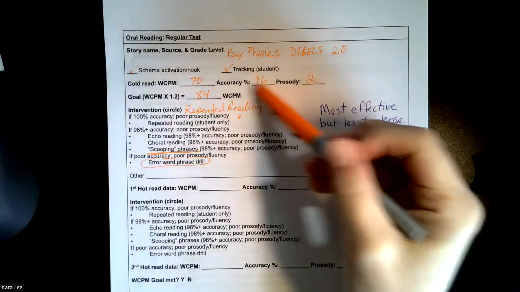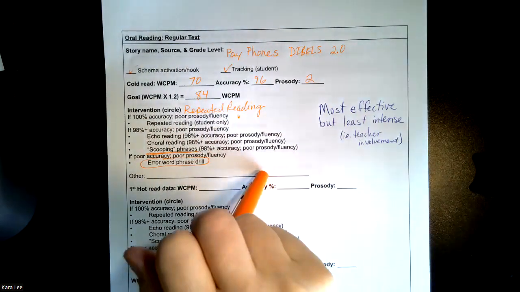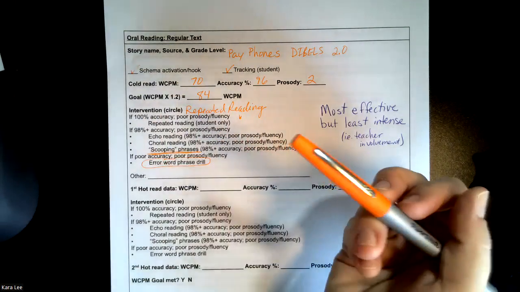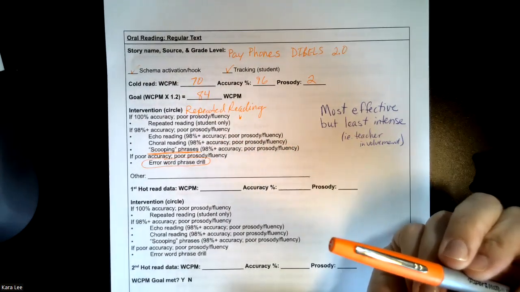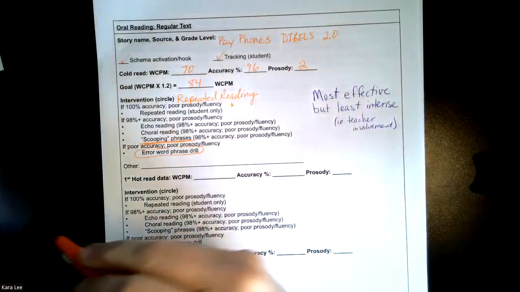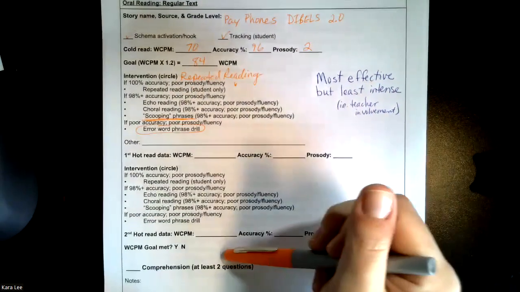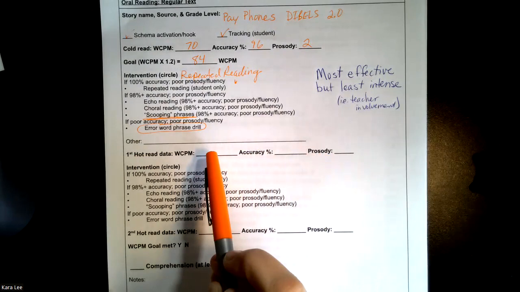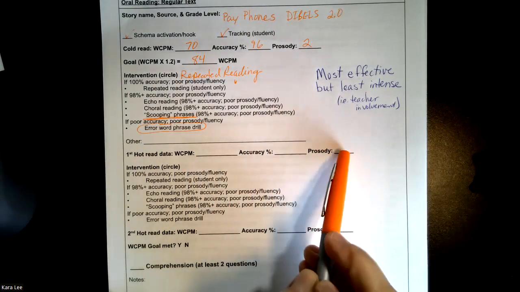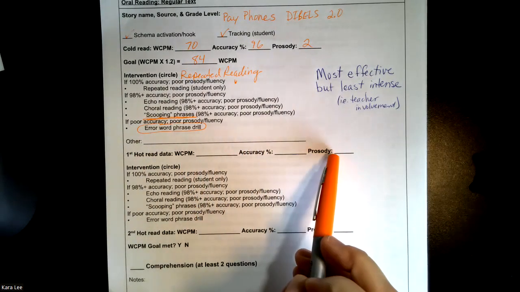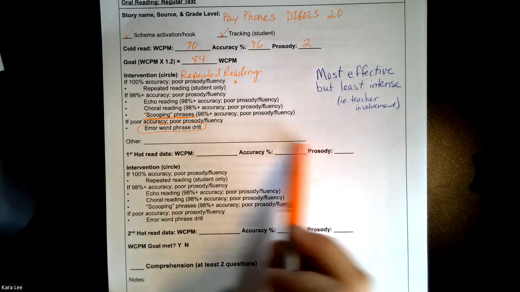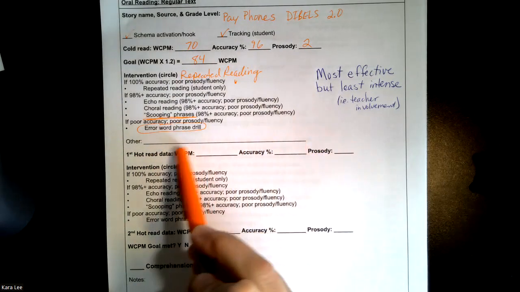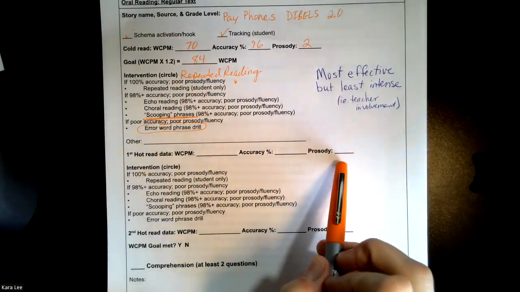Because you're making an informed decision based on how they read and what their data looked like. Now, that is not to say that you could not, for example, they might not reach their goal of their words per minute, accuracy, and maybe they don't reach their goal in the first hot read. Often they don't, not all three goals. Okay, and you'll see that if you haven't already.